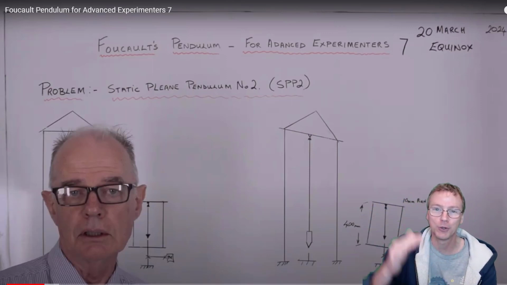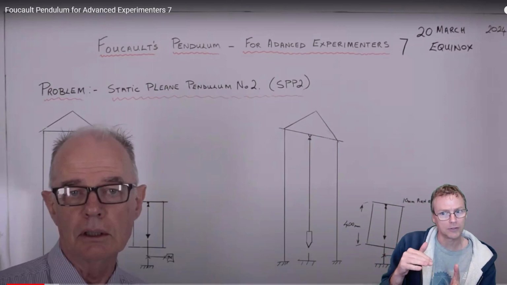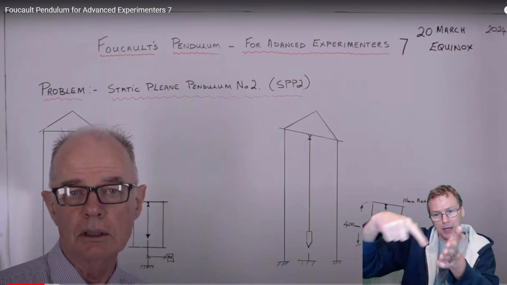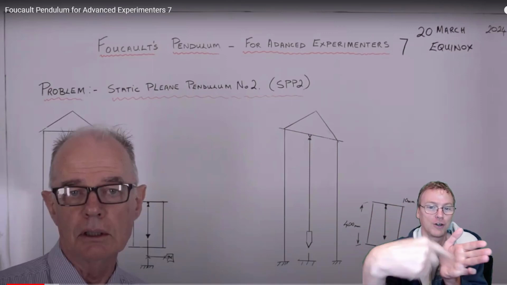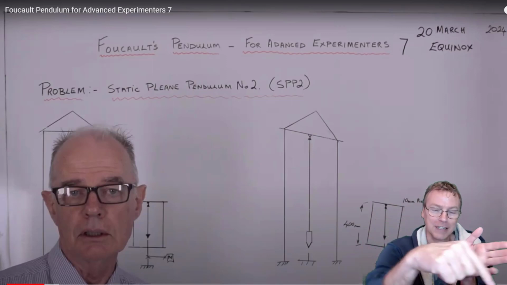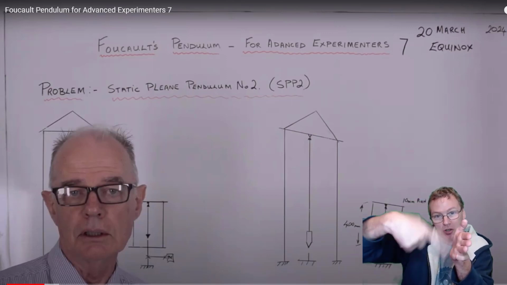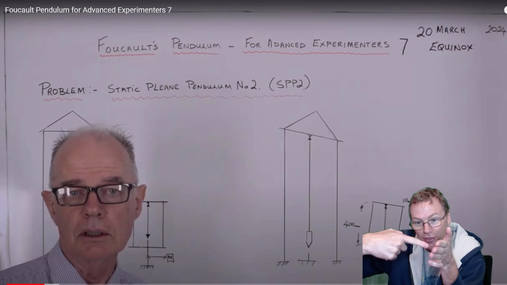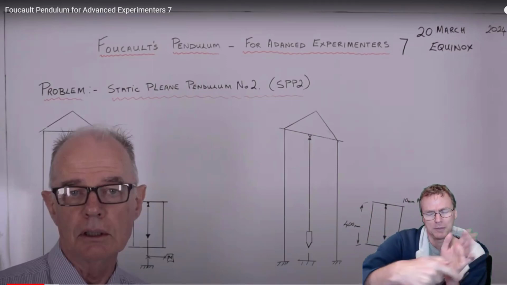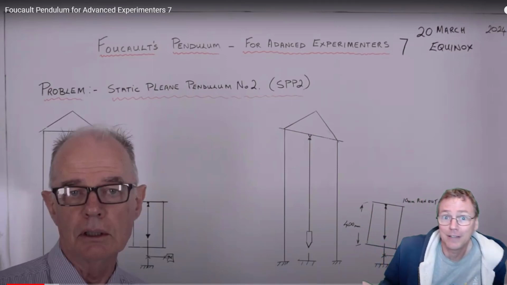Well, that's only true at the poles. Everywhere else, the pendulum is swinging like so, and then the earth turns, the gravity vector turns it sideways. So like swinging a pendulum, and then the earth does this while you're swinging the pendulum. It can't stay in a plane.